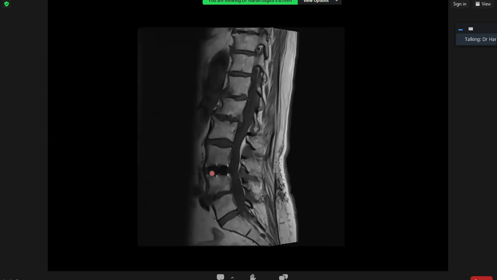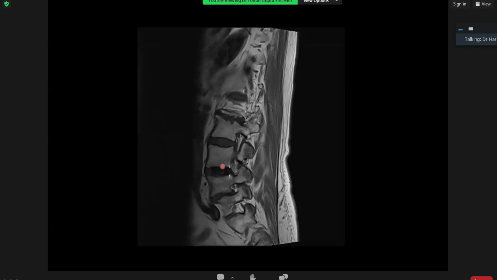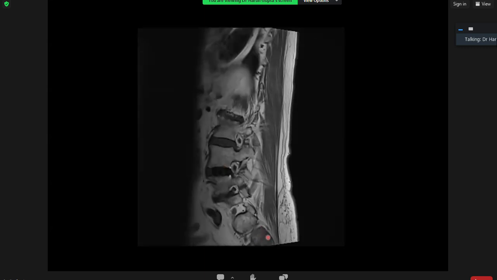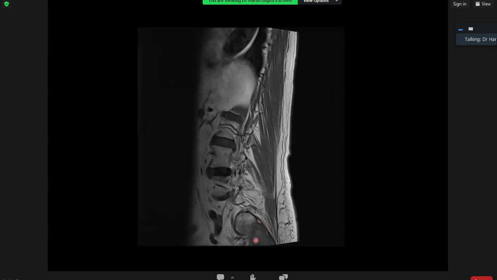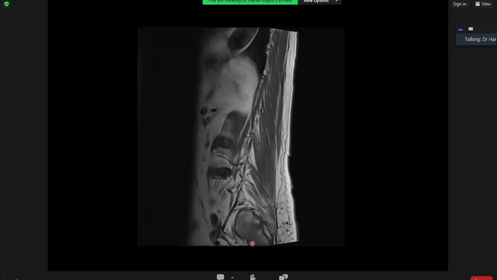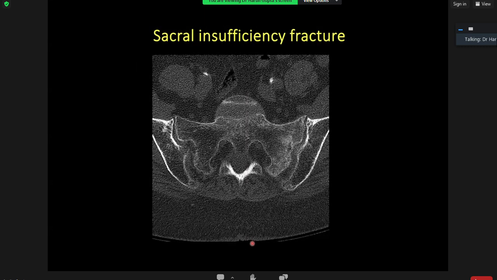And what you see is typically the same changes, previous operation, but at the margin of imaging, on T1, you see extensive low signal changes in the body of the sacrum. So the patient's brought back for CT pelvis, which confirms sacral insufficiency fracture. So the main reason for current presentation is not previous surgery, not degeneration, it is the sacral insufficiency fracture.